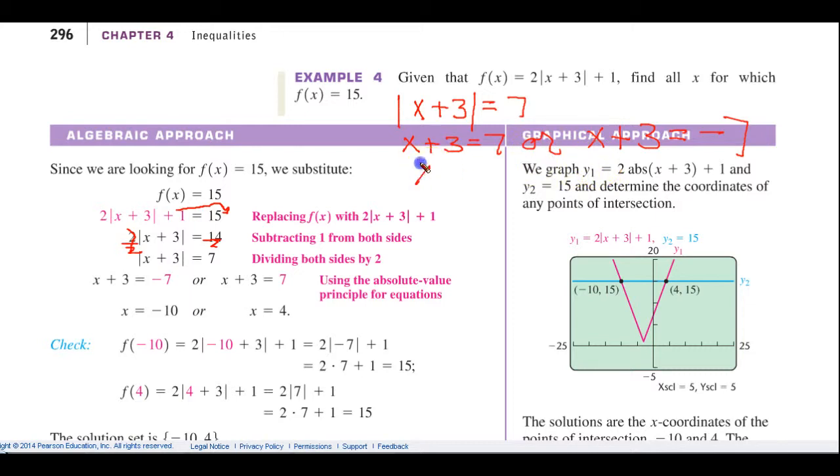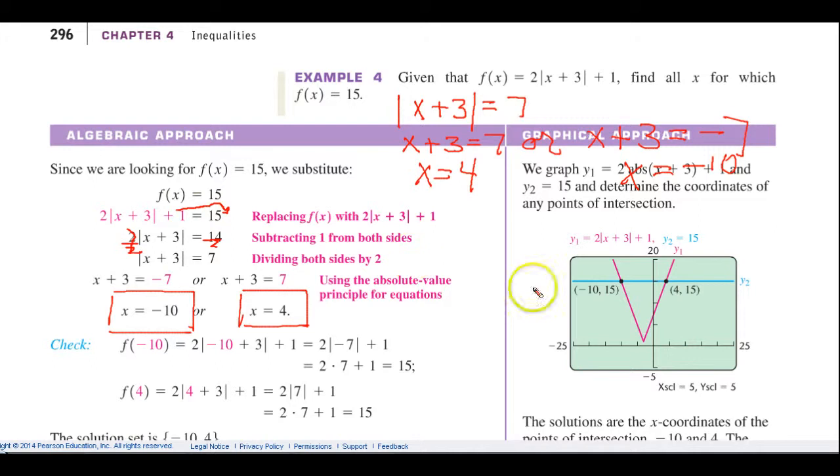So here we're going to get x equals, subtract 3, 4. And here we're going to get x equals, subtract 3, you get a negative 10. So your solution set then is a negative 10 or a positive 4.